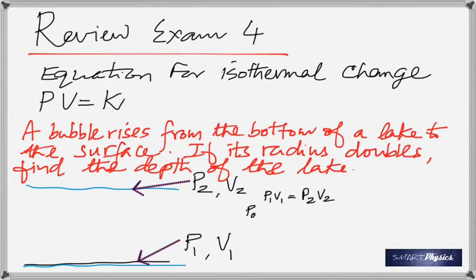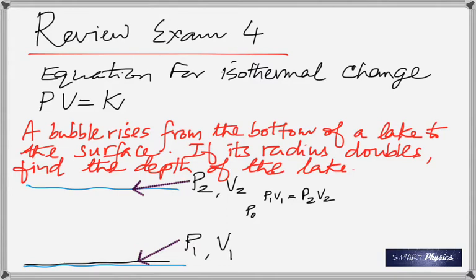Okay, wait. What's the pressure at the bottom of the lake? Is there atmospheric pressure at the bottom of the lake? Do we have atmospheric pressure at the bottom of the lake? The answer is yes, because fluids transmit pressure. So the atmospheric pressure is there. But over and above that, you also have the pressure due to the water column, which is given by H rho G, isn't it?